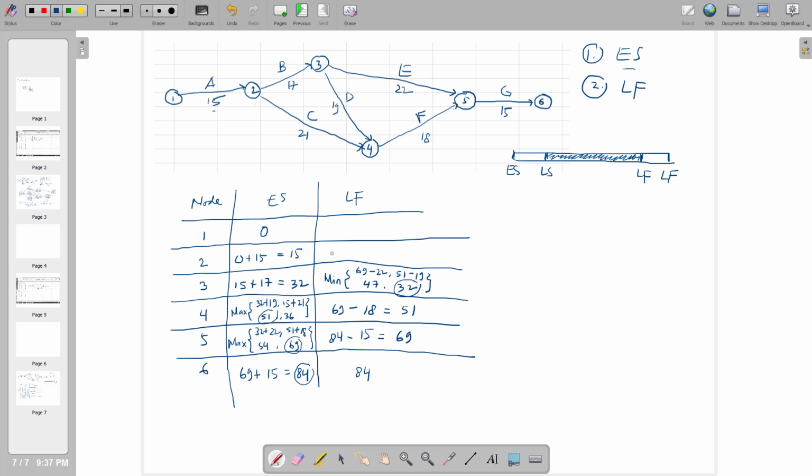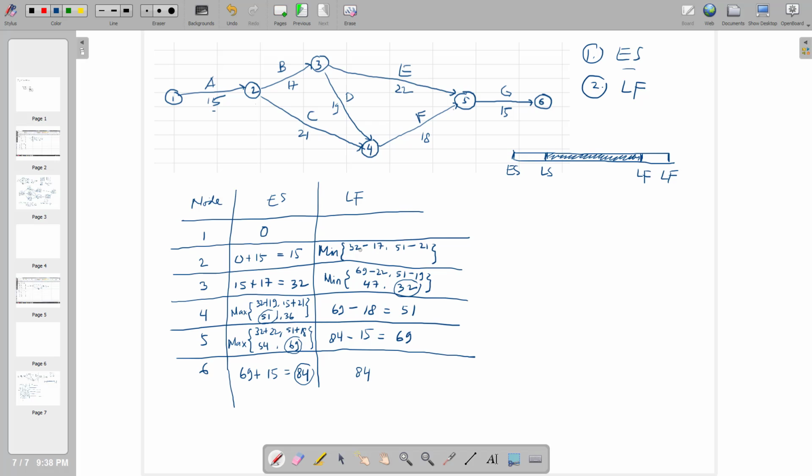And for node number 2, you have to choose again. So node number 2 will be the minimum of node number 3, which is 32 minus 17, or node number 4, 51 minus 21.